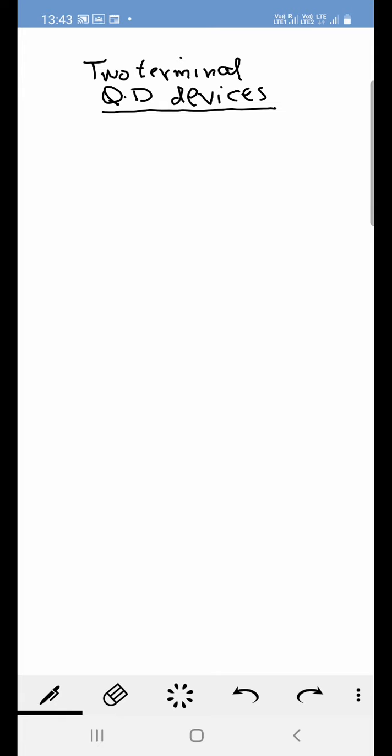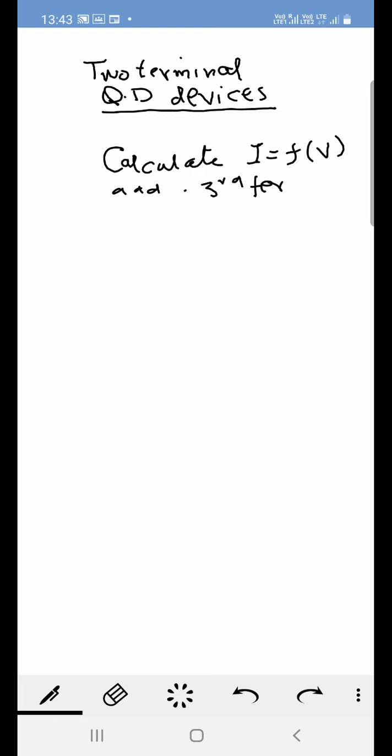In these devices we calculate current as a function of voltage. And after that we add a third terminal, which is called the gate.